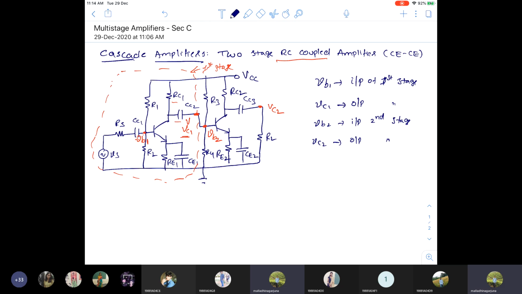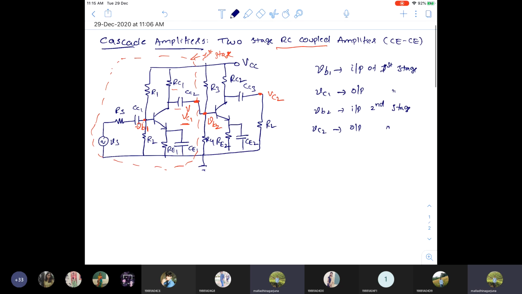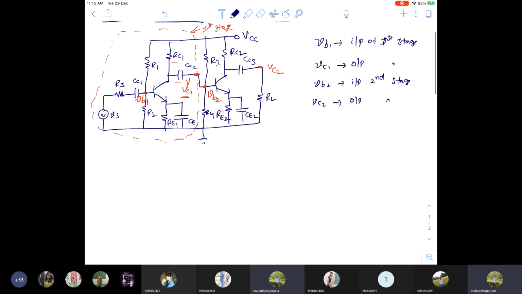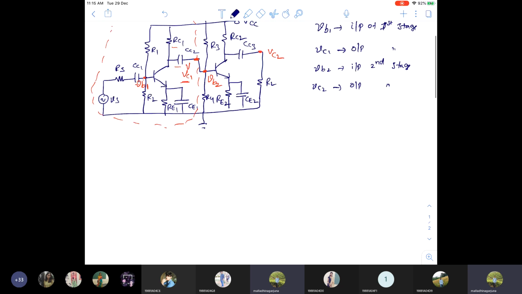Now, what will the overall gain become? Let us write the overall voltage gain. Here also we are going to do the analysis of this overall voltage gain.